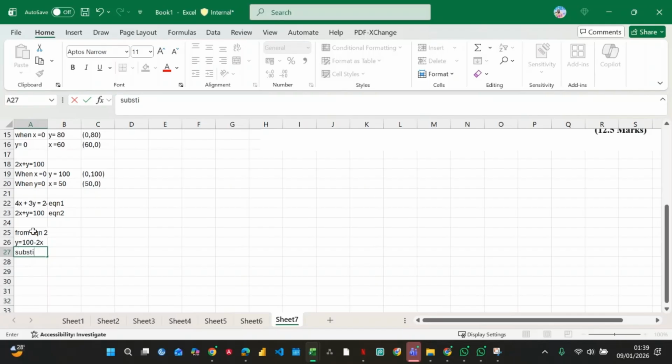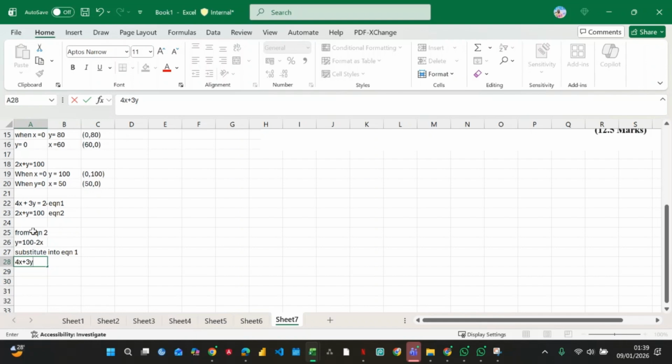Then let's substitute it into equation one. So what is equation one?